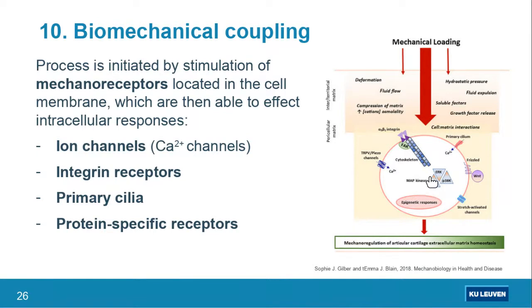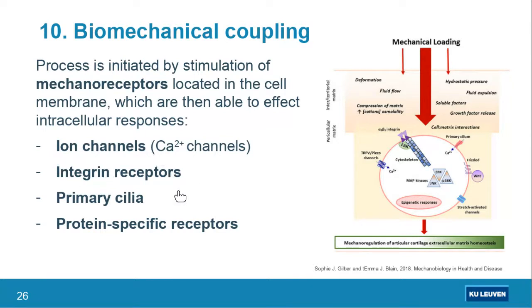So currently in the literature, there are a lot of different mechanosensors or candidates to be mechanosensors in chondrocytes. But for this class, we have just chosen the three main ones that are known to be actually playing a role in this mechanotransduction process. So these mechanoreceptors that participate in the mechanotransduction of chondrocytes are ion channels, integrin receptors, and primary cilia.